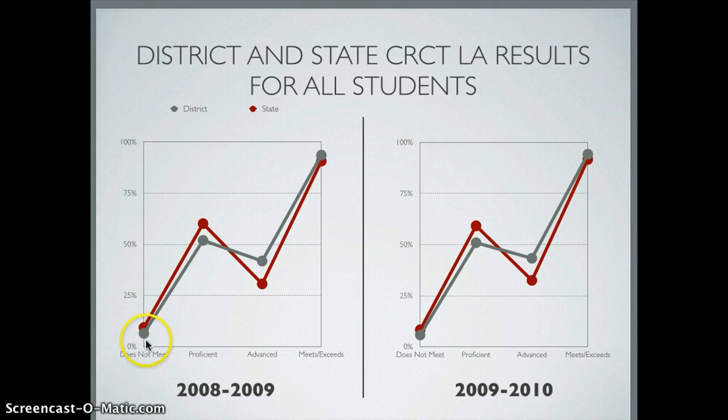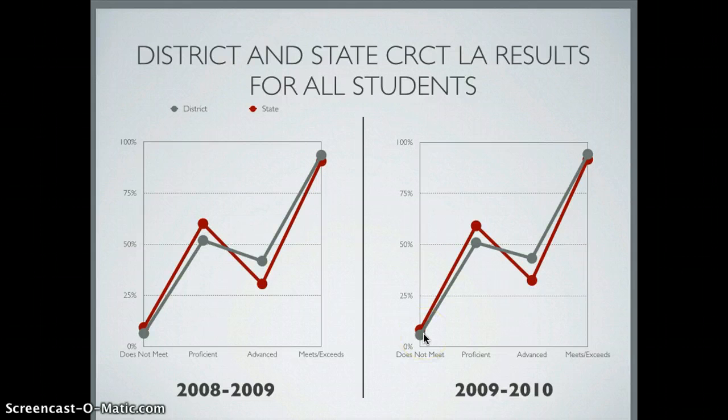So we have a low number that is not meeting for the district, the gray line, and the state is slightly higher. So again, the district has less students who are not meeting the standard. We have less students who are proficient in comparison to the state. Here for advanced, we have more students who are advanced in comparison to the state, and also more students who are meeting and exceeding.